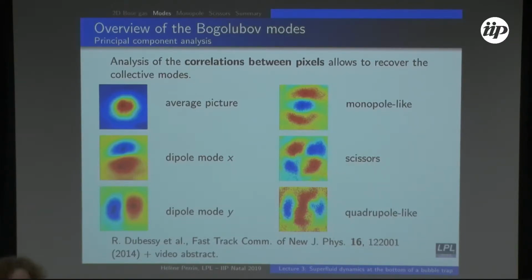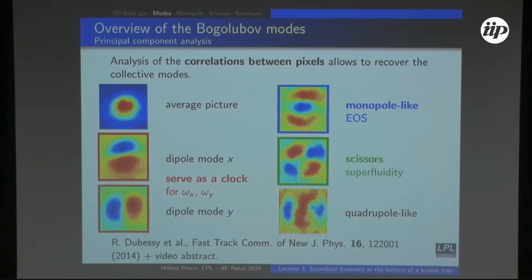That's why it appears as a principal component, but it's not a mode, of course. It's atom losses, which can be removed. And also, we see fringes, which come from our imaging procedure, which can also be removed, and can be used as a way to filter your images.